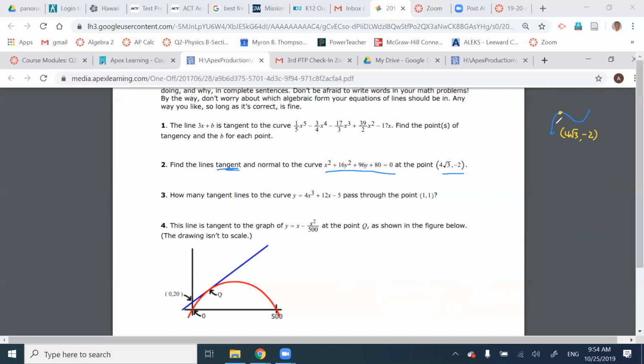Now, find the line tangent to this one. We need to determine the line now, right? Okay, tell me, what's the first step? Armando?